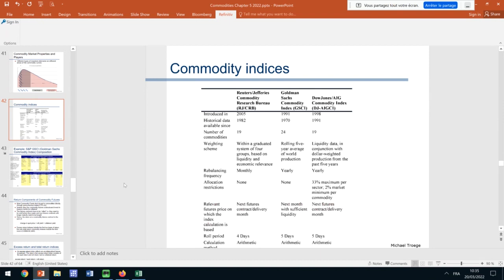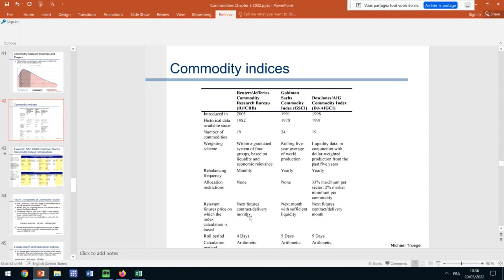So what happens is that in 4 or 5 days, just in the expiry months, the fund will have to sell all their expiring futures, or buy an offsetting contract. And then they have to buy new futures with a longer maturity, again the next month with sufficient liquidity.